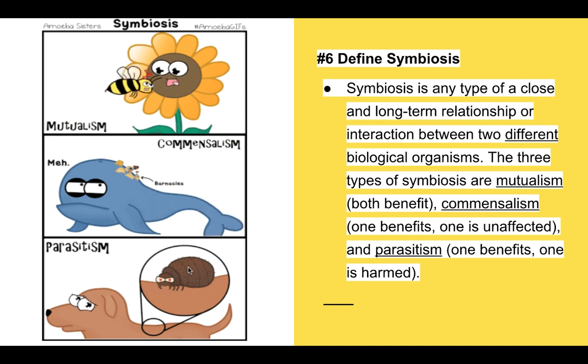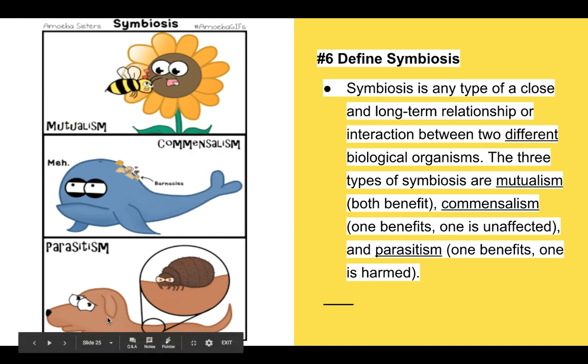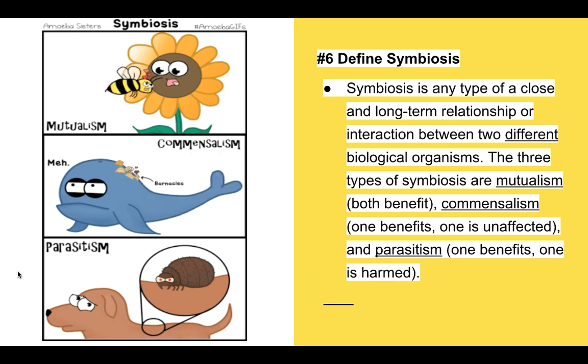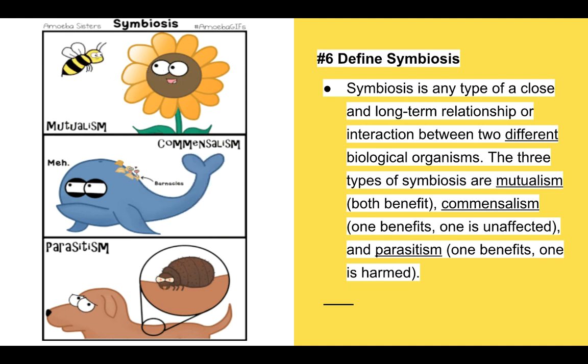Parasitism, like a tick on a dog. Ticks get what they need from the dog, a food source, and also harm the dog, can give it diseases. It's taking away from the blood source from the dog. So that's a form of parasitism.